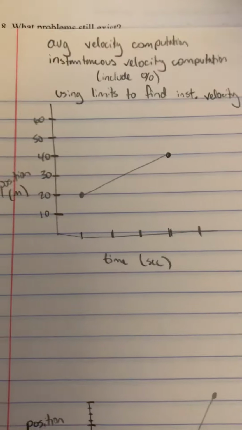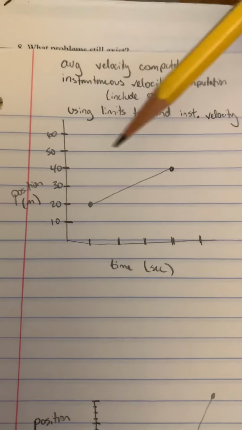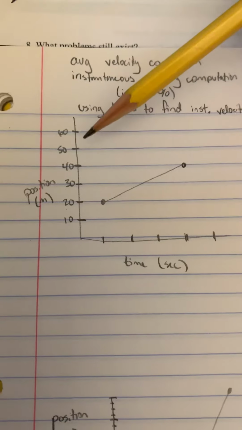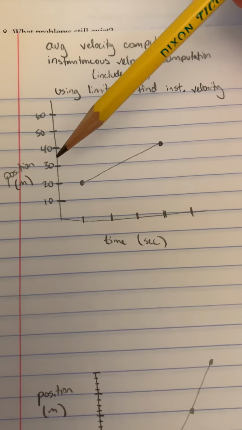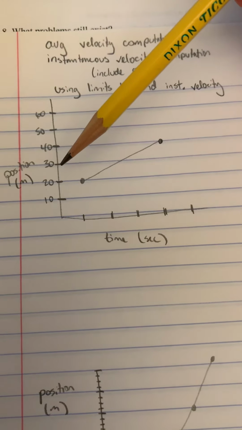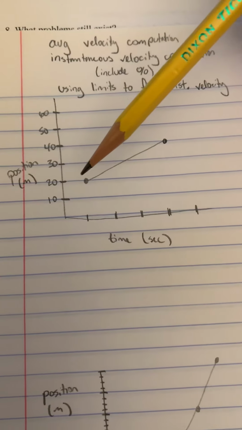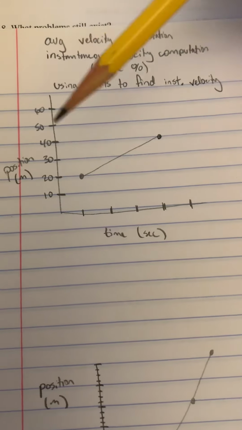Now, if I told you that this graph right here that I've drawn with my slick art skills represented the position of somebody, they'd be running pretty fast, somebody traveling over a span of time.